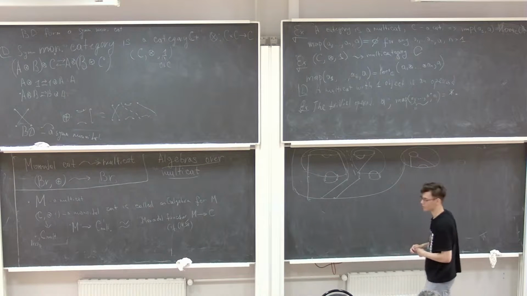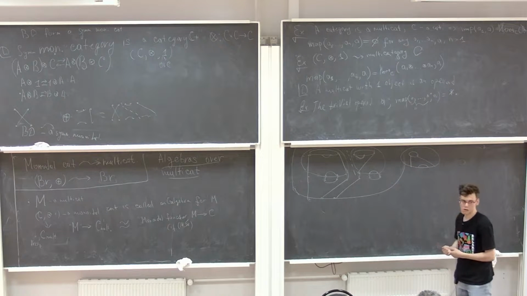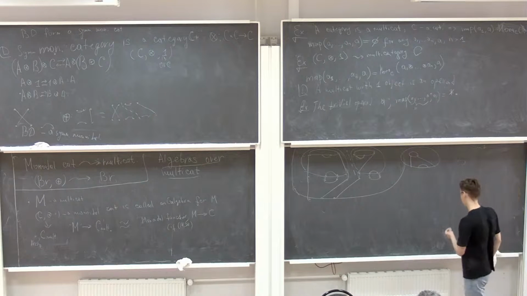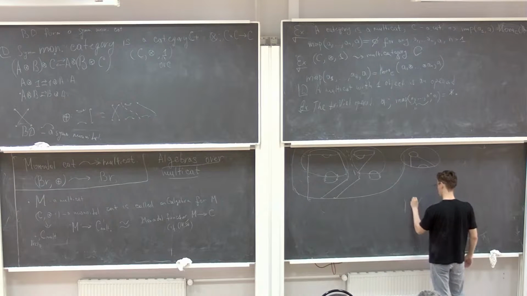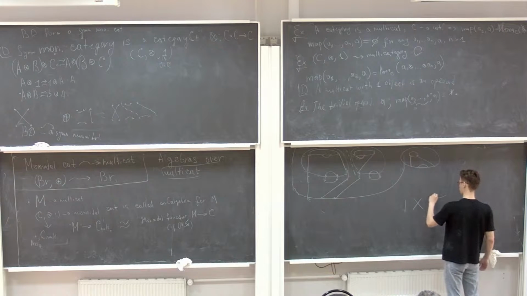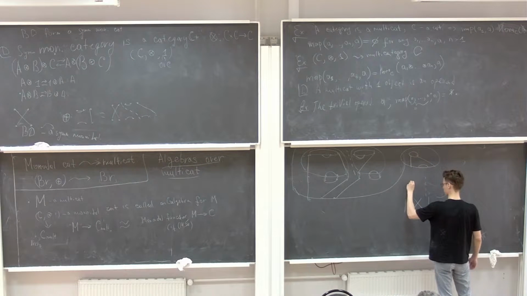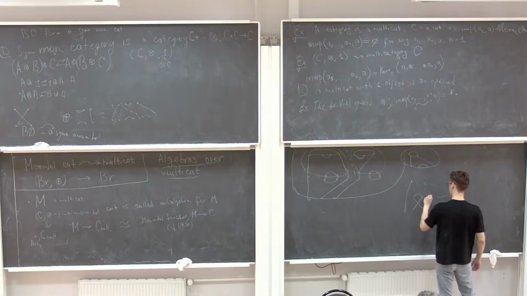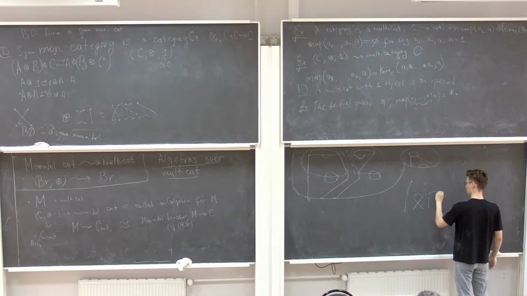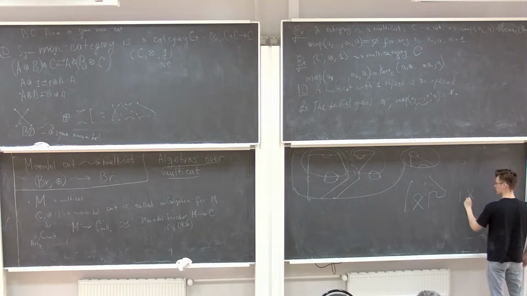Something like X composition. So let me draw two pictures. This is a composition. This is a version of this composition.